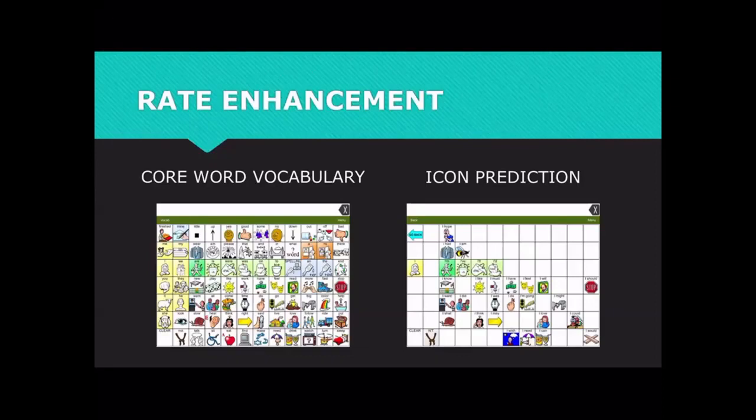Now, same as TouchChat, these pages have green, blue, orange, and yellow buttons. The green buttons are always verbs. The blue buttons are always adjectives. Orange equals nouns, and yellow equals pronouns. So those are the straight across.